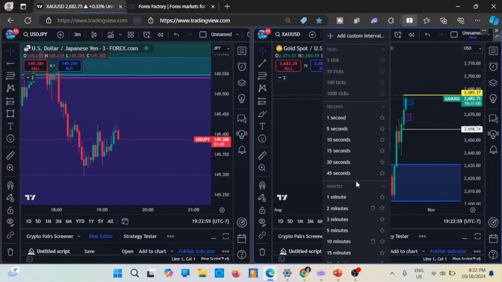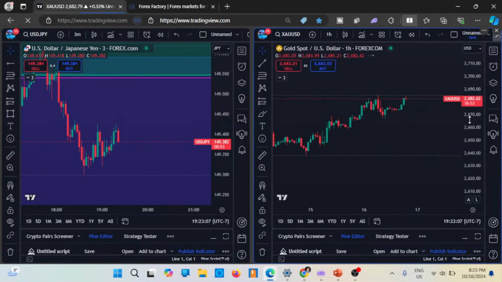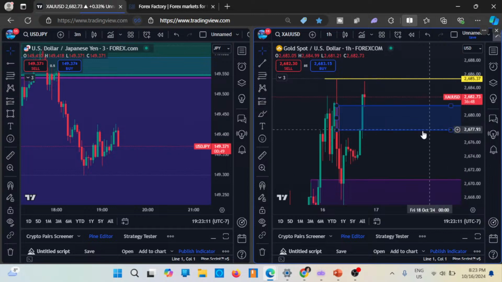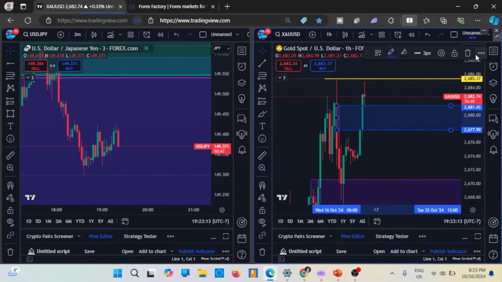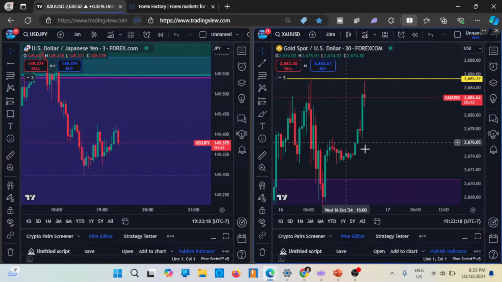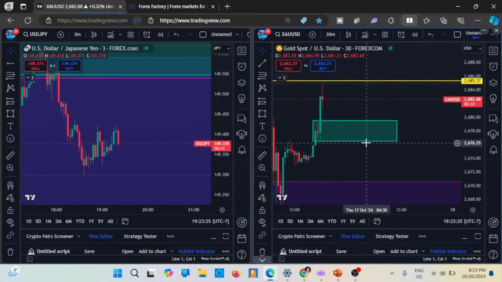Now let's look for a good area. If price is going to break this resistance, we want to join in on the buy. If buying at the current price, right here, I need to figure out where the best area to enter a buy is. To do that, we'll need to check the lower time frame to find any good area of support that the price has. On the 30 minutes, we do have some support here at 26.76.